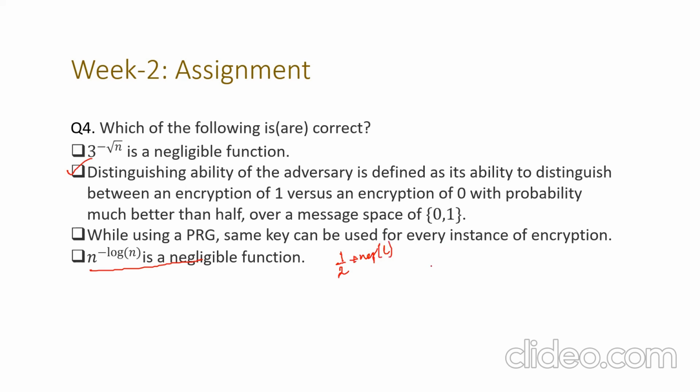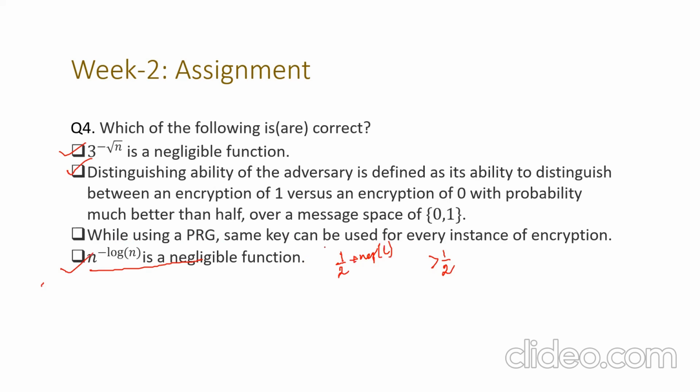But if it is not secure or the adversary is able to distinguish, that means that with significant probability greater than half, the adversary should be able to distinguish the system. So this is a very basic statement, which is true. The third statement says that while using a PRG, the same key can be used for every instance of encryption.